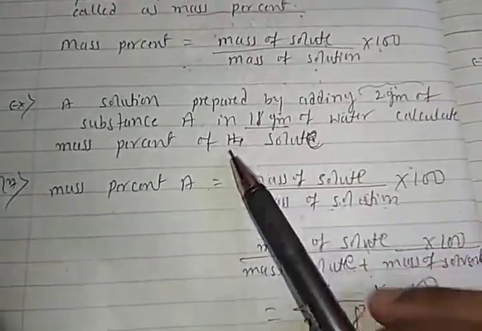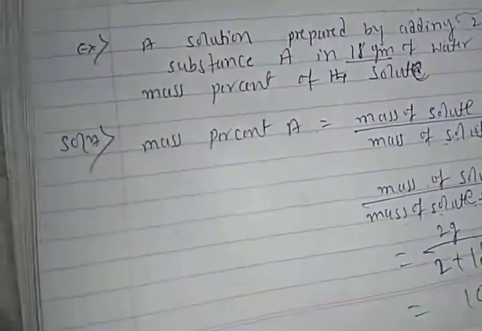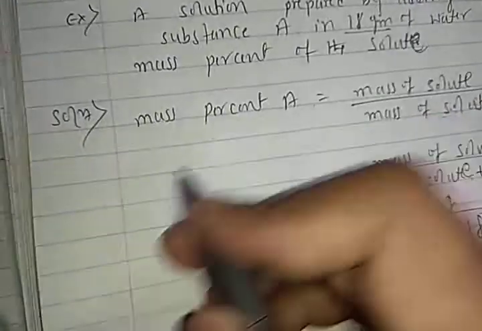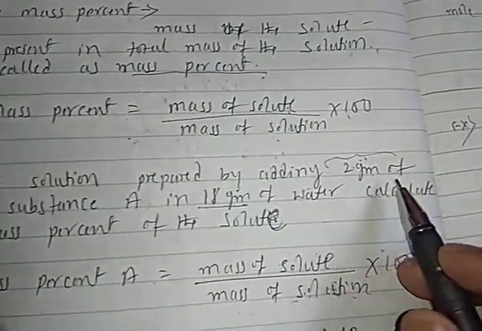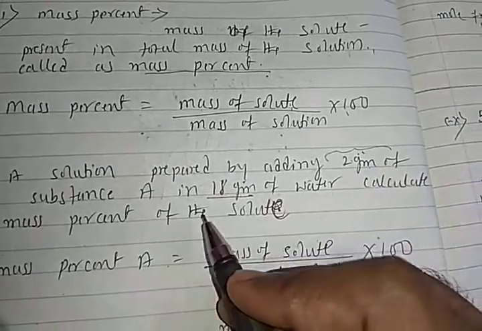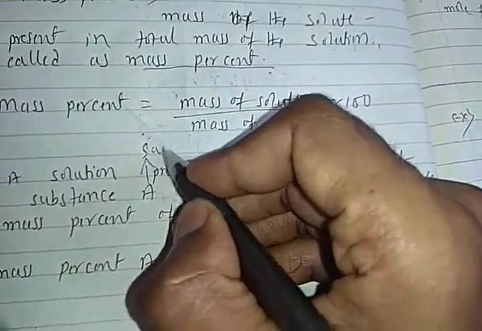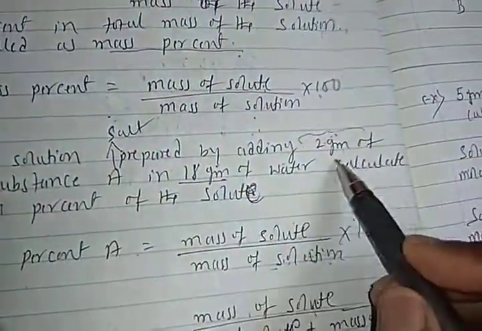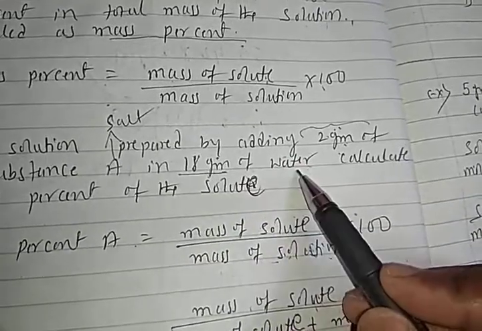For example, consider that A is the salt. If we are adding 2 gram of NaCl salt into 18 gram of water, it means 1 mole of water.